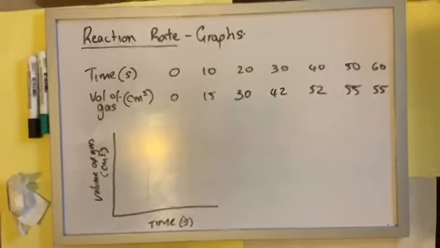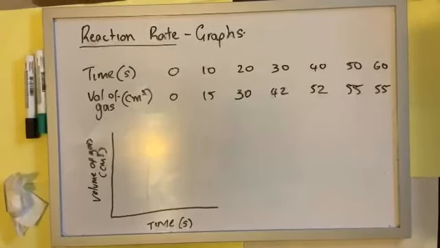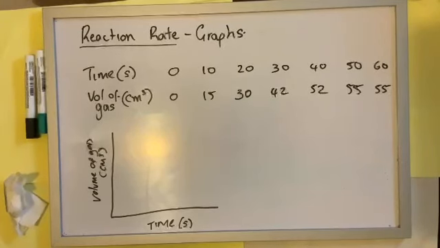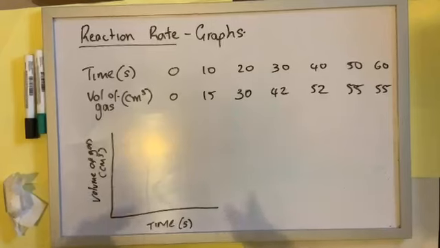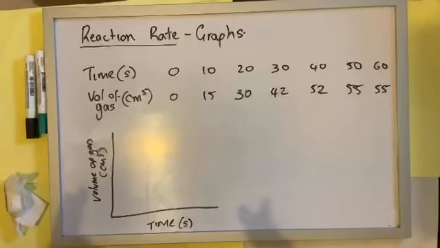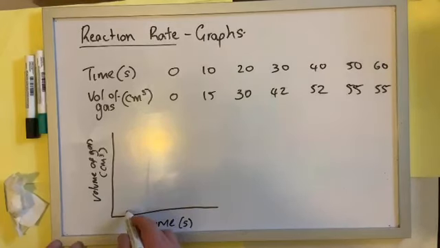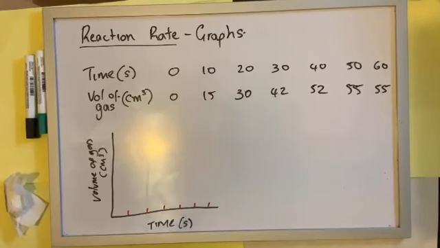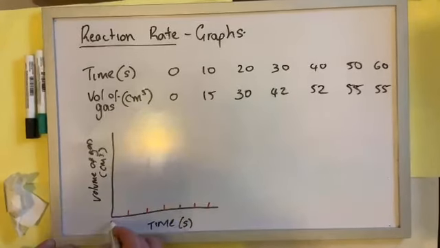A second mark is gained for correctly putting the scales on. The graph paper will be of an appropriate size. So we've got the scale here as 0 to 60 for the time. That will be the first one to go on. And remember, this is a numerical scale, so it has to be properly spaced out. So we have 10, 20, 30, 40, 50, 60.